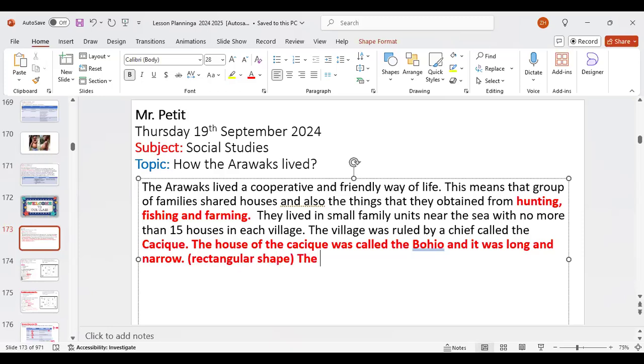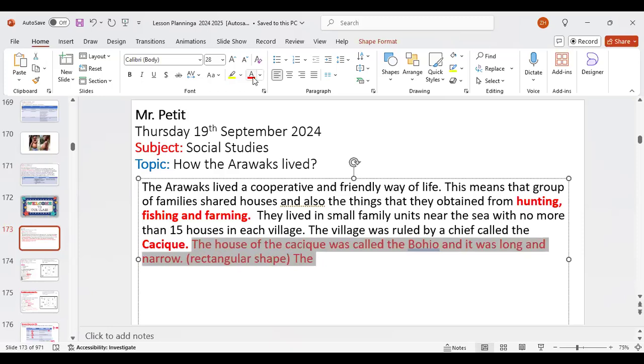Now the house of the regular Tainos, what kind of shape was it? Was it a rectangular shape or did it have a round bottom? It was round, a circle shape. It's like a hut, right?